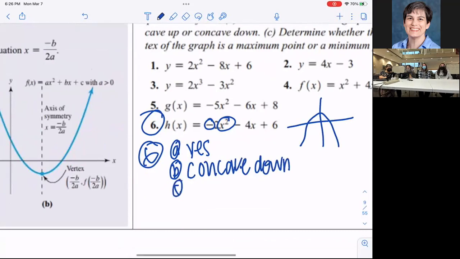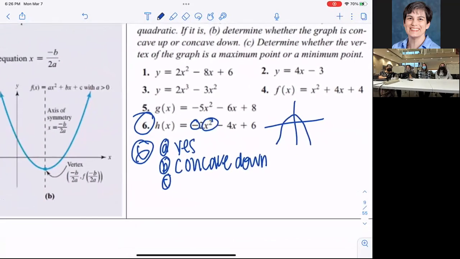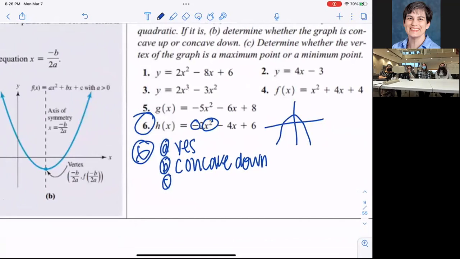And then C, determine whether the vertex of the graph is a maximum point or a minimum point. So since the graph looks something like this, like we said, we are actually going to have a maximum point. And that's all because of this negative right here. That's what tells us that it is concave down and that there is going to be a maximum.